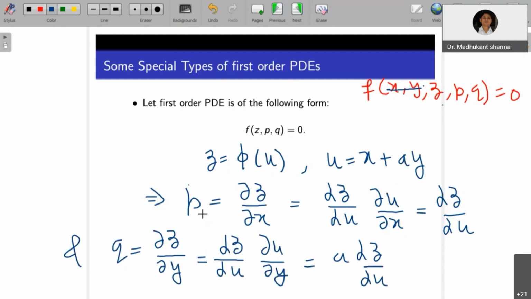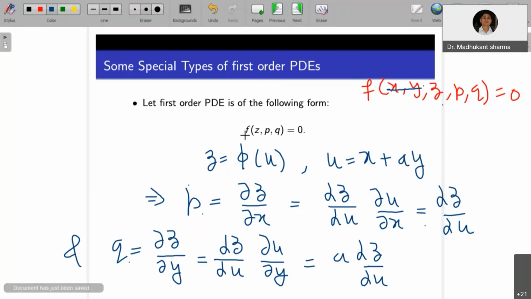You replace p by dz by du and q by a times dz by du in the original equation, and you will get a first order ordinary differential equation. Then you can solve this type of PDE by using any available method of first order differential equations.